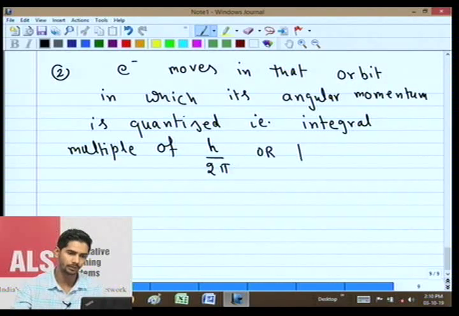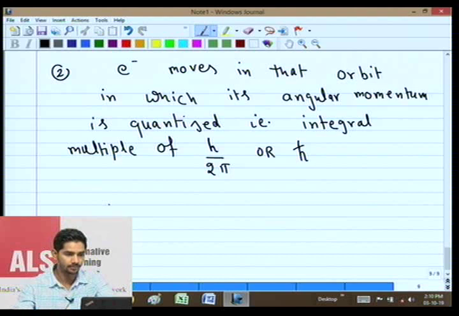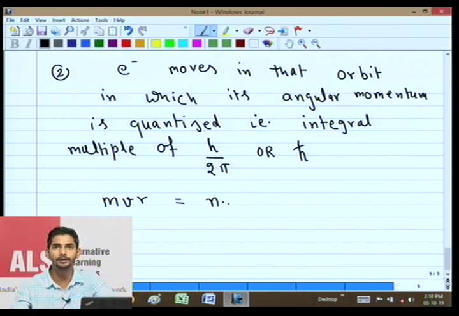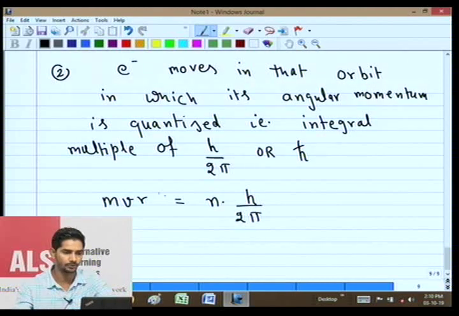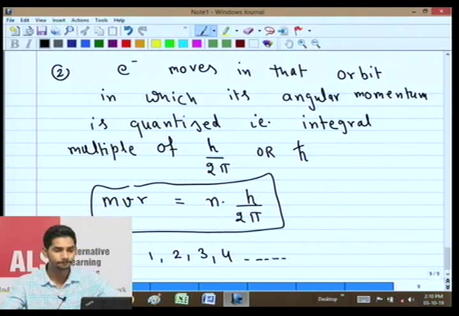This is also written like this. Okay. So guys, this is the angular momentum, which is mvr, and this is an integral multiple of h upon 2 pi. n is an integer that can have positive values only, where n can have values 1, 2, 3, 4 and so on.